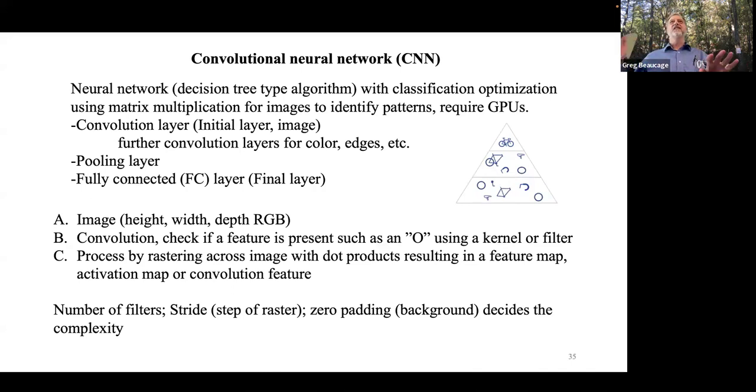Then it's fed the answer: it's a bicycle. If it can get the weighting factors right, it'll come out with the answer. If it's wrong, then you go back and change the weighting parameters. So it has to have a way to decompose it into components, like 1, 0, weight each one, and identify that's a bicycle.